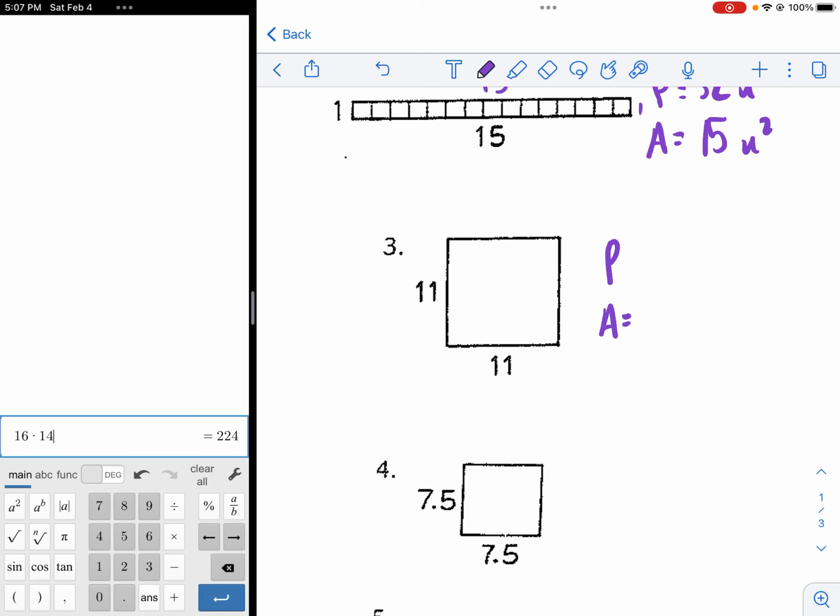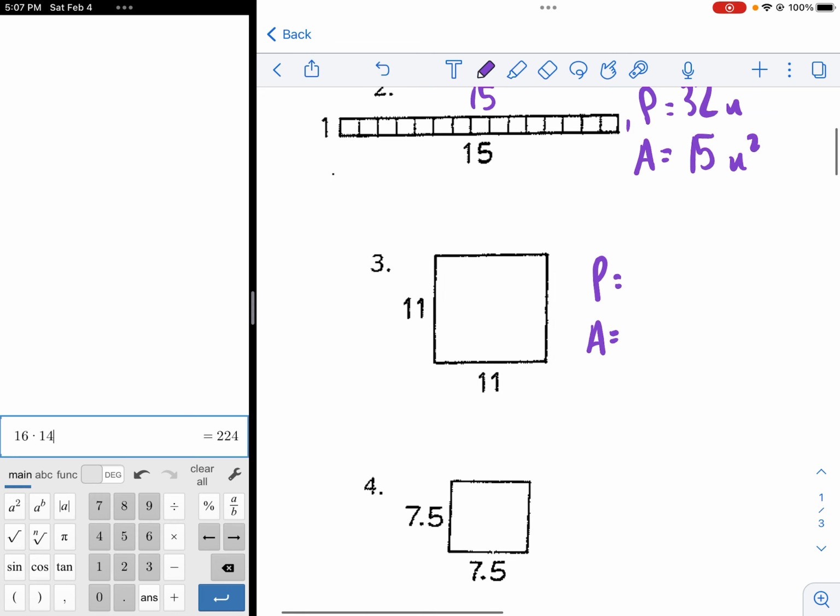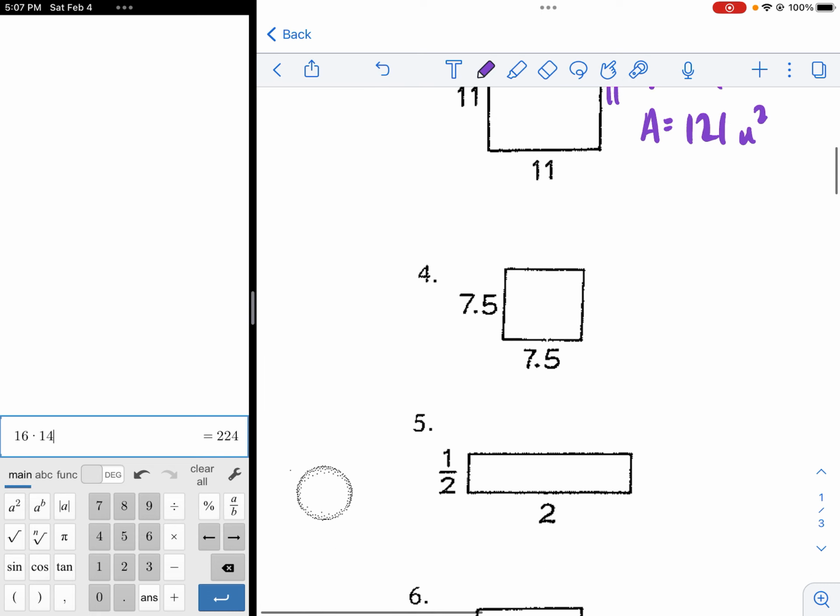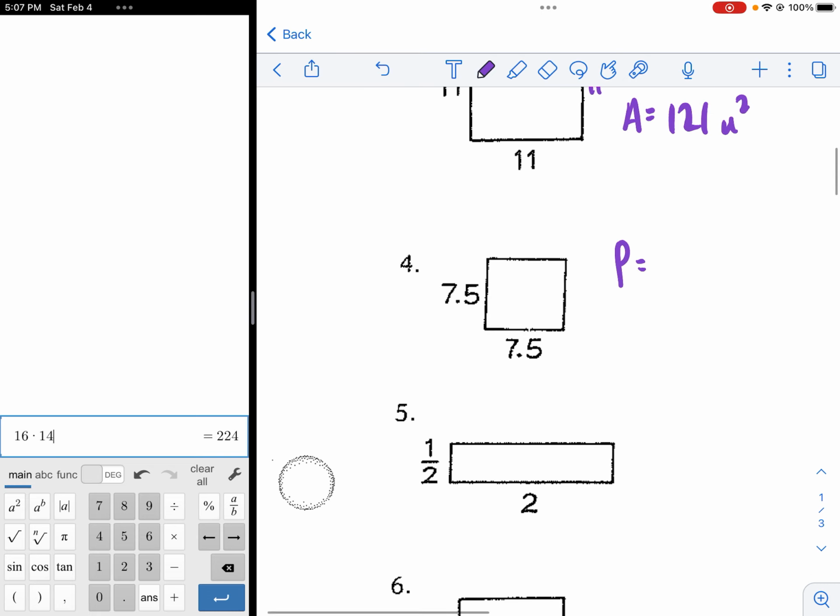Number 3 gives me 11 by 11, because those consecutive sides are 11. That tells me it's a square. So my area would be 121 units squared, and my perimeter would be 11 times 4, which is 44 units. Number 4 gives me a perimeter and an area calculation.